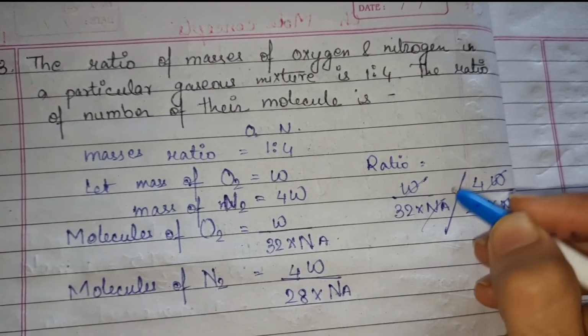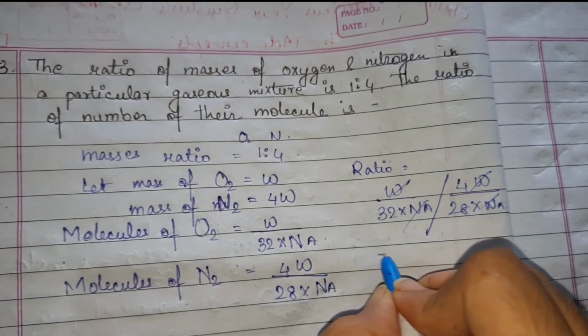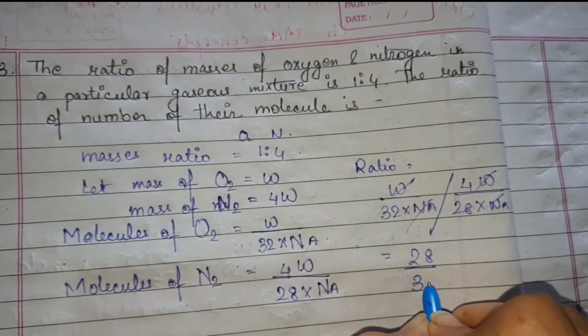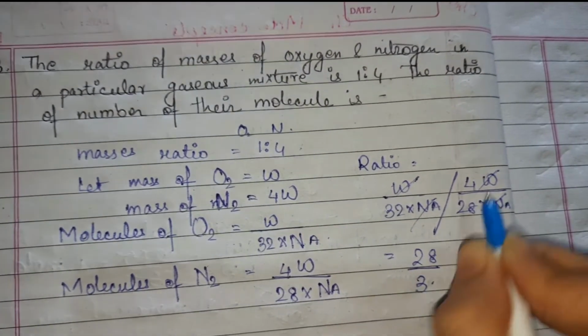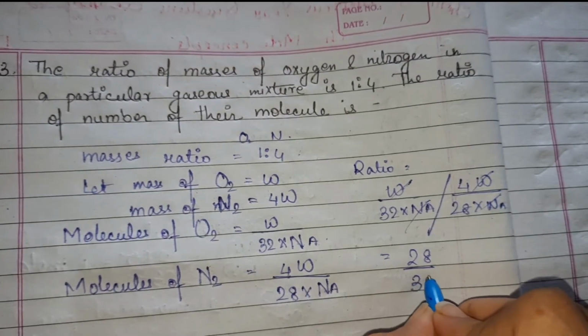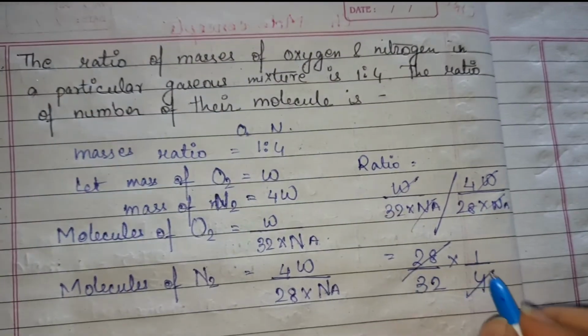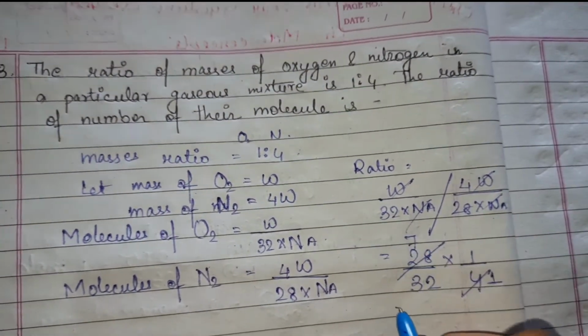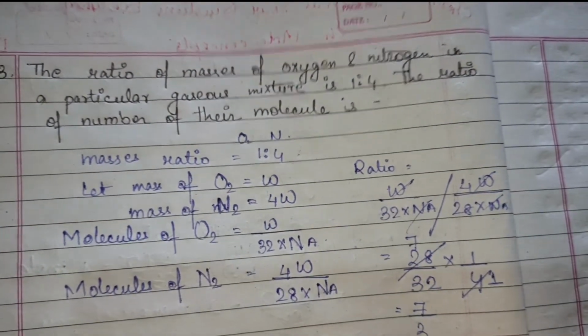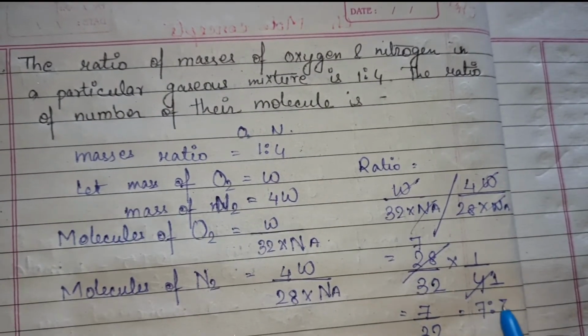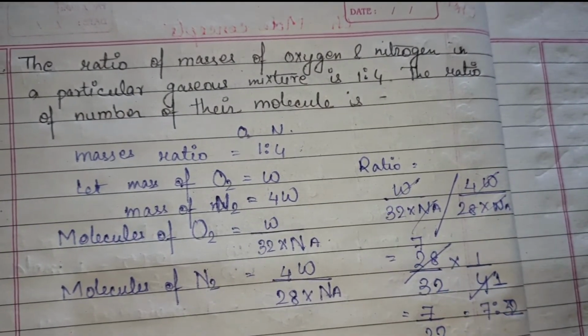The 28 will go up, fraction reciprocal, 28 by 32. This 4 is also there, into 1 by 4, 1 7. So is it coming 7 by 32? That is, the ratio will be 7:32 of the molecules.